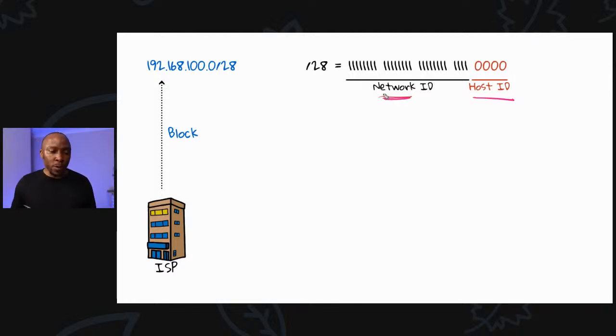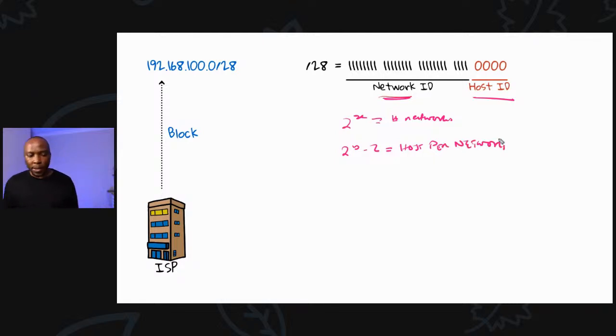And we want to work out which IP addresses we can allocate to the devices on our network. So how do we do that mathematics? I say to you, 2 to the power x is equal to the number of networks, and 2 to the power y minus 2 is equal to the number of hosts per network.